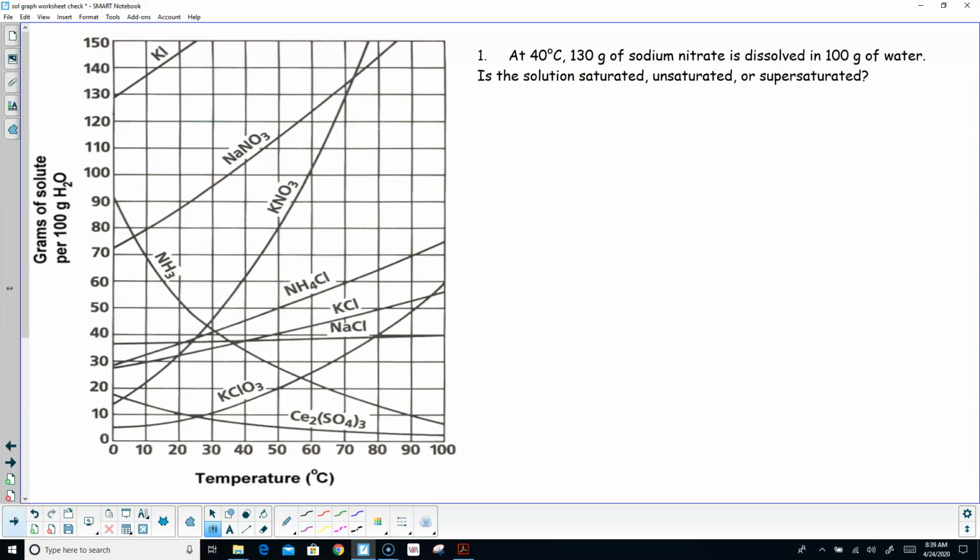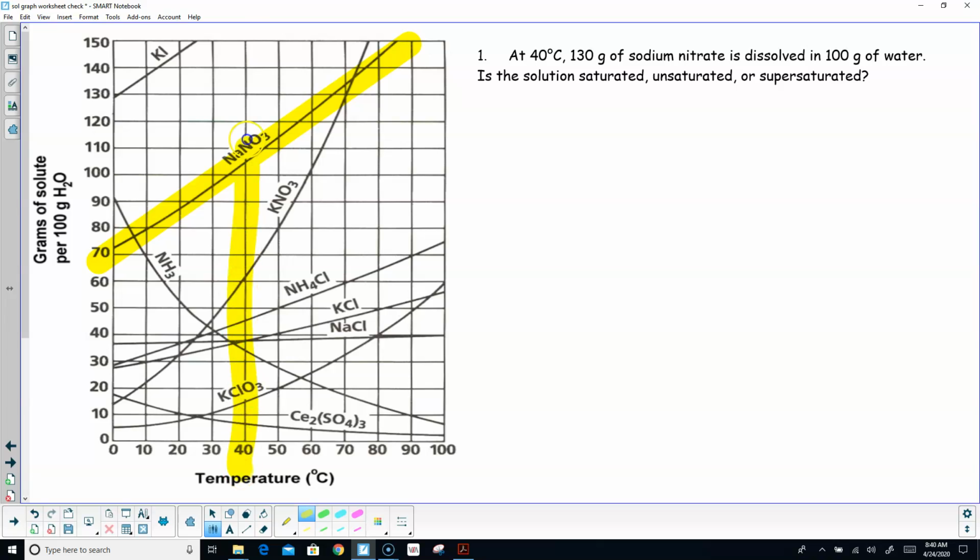Okay, we're at number 14, I believe. It says at 40 Celsius, there are 130 grams of sodium nitrate dissolved in 100 grams of water. I want to know if it's saturated, unsaturated, or supersaturated. Well, let's see. We have sodium nitrate, which is NaNO3. That's this guy. And it says there are 130 grams dissolved at 40 Celsius.